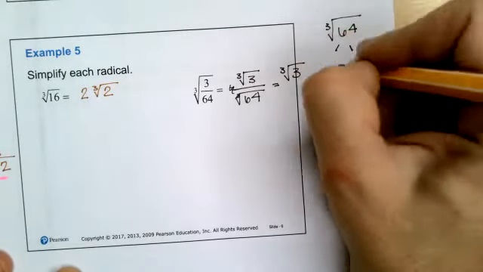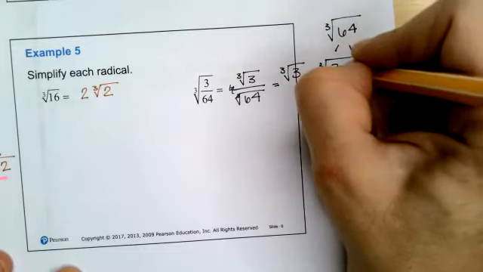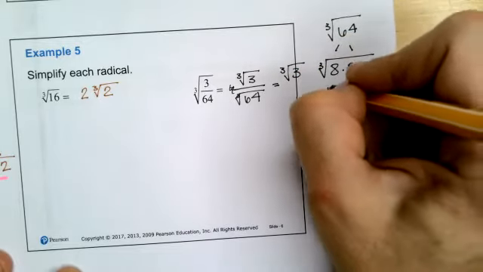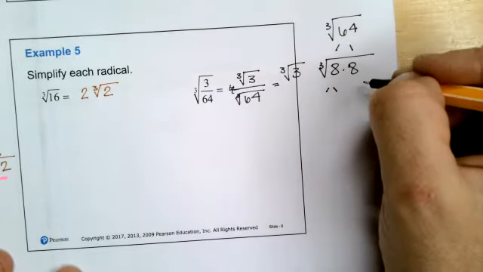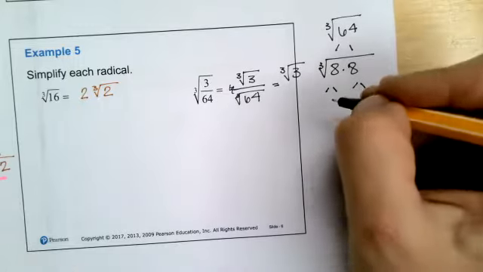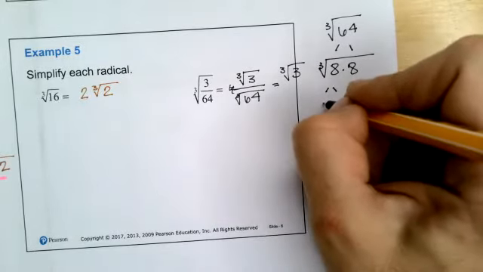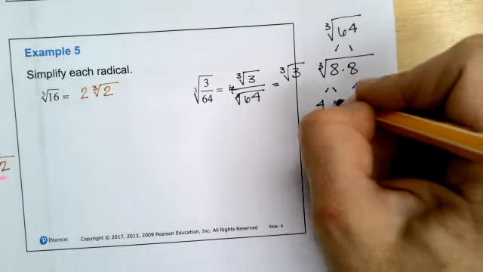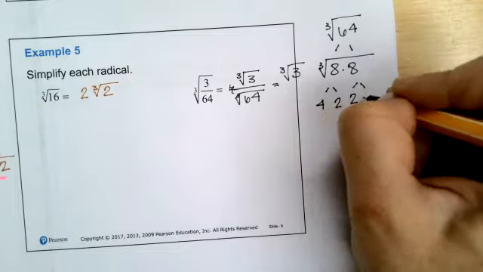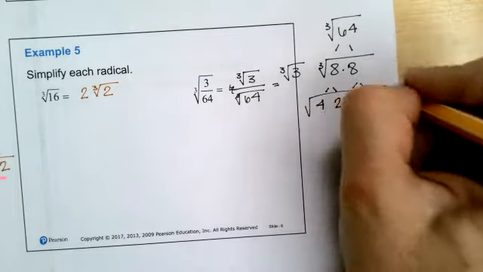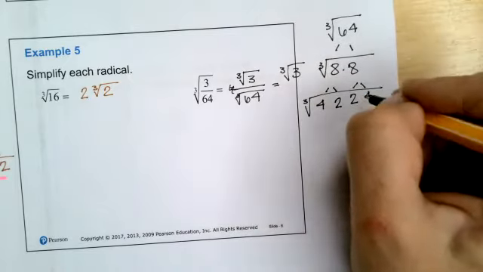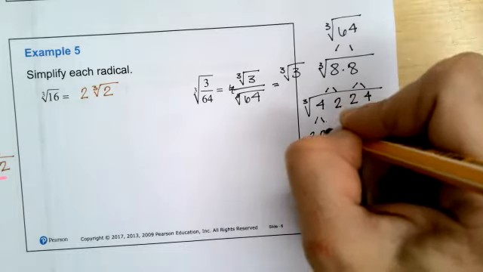The cubed root of 64 is also the cubed root of 8 times 8. 8 becomes 4 times 2, and the other 8 becomes 2 times 4. 4 becomes 2 times 2.